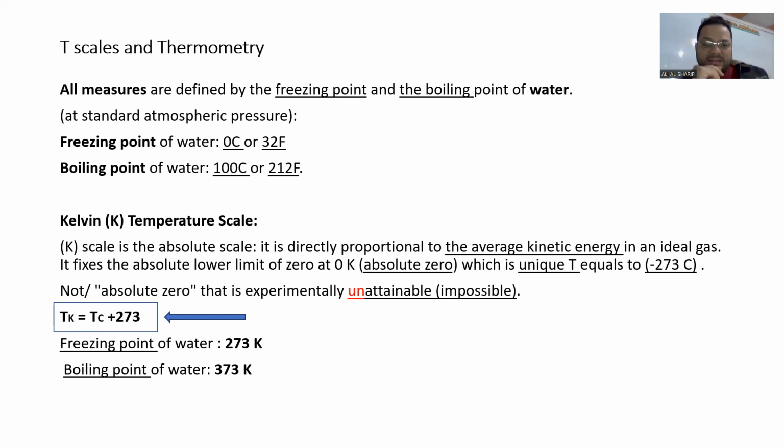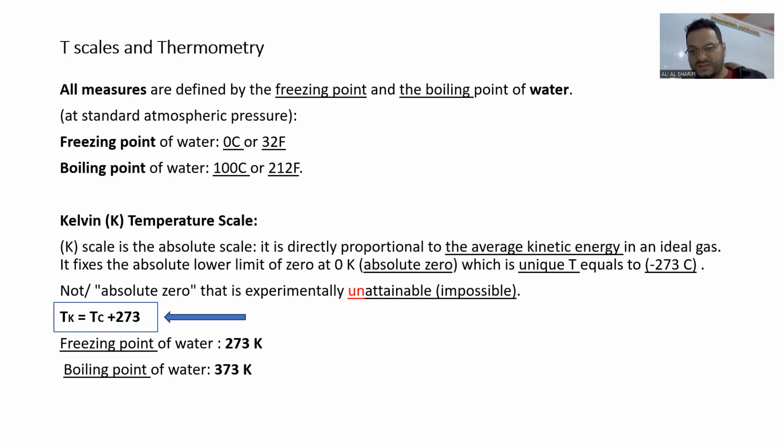Okay, at standard atmospheric pressure. The Kelvin is an absolute scale. There is some difference when we use Celsius and when we use Kelvin. By using Kelvin, I can use a wider range of temperature. The simplest example is the absolute value, absolute 0.